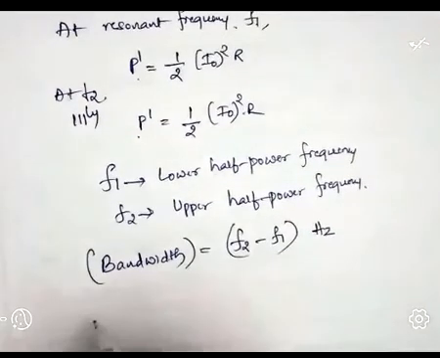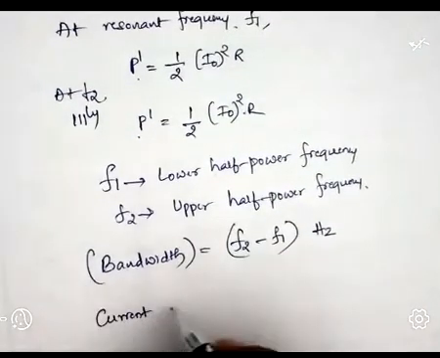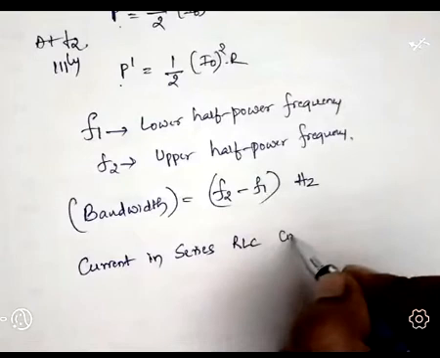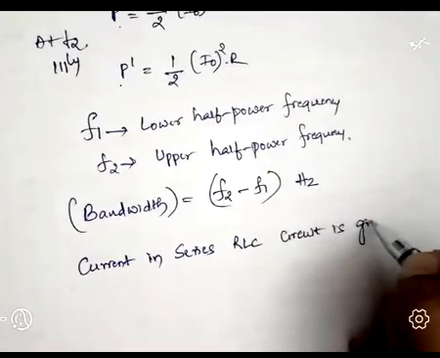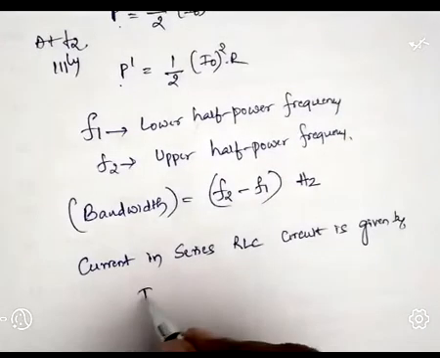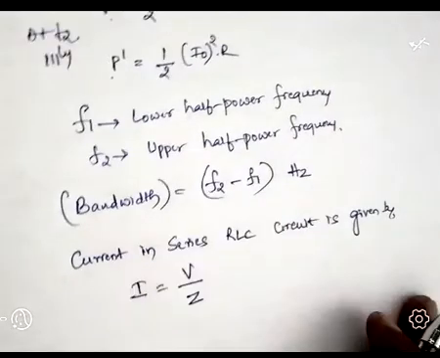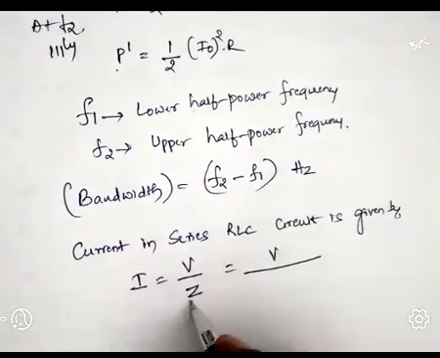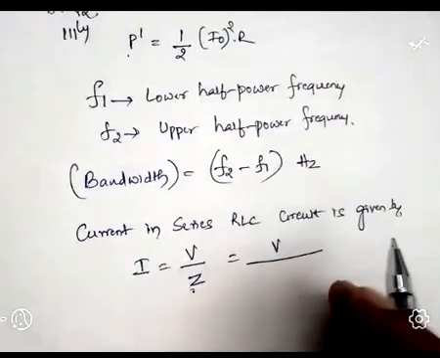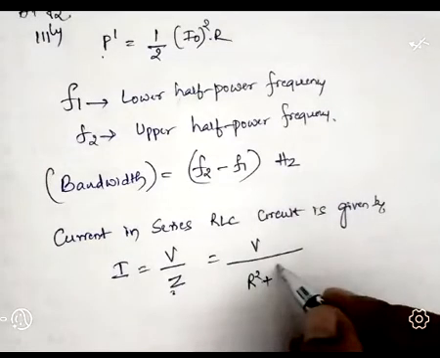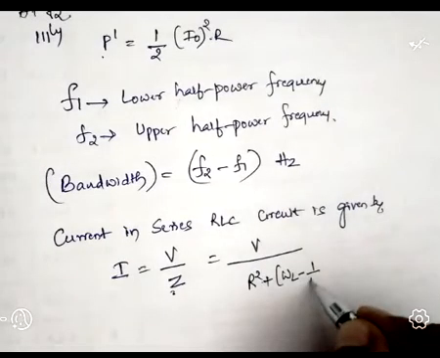Hence, the current in the series RLC circuit is given by I equal to the ratio of voltage V by impedance Z. V divided by Z, where, as already calculated, the impedance across a series RLC circuit is given by the square root of R square plus omega L minus 1 by omega C whole square.